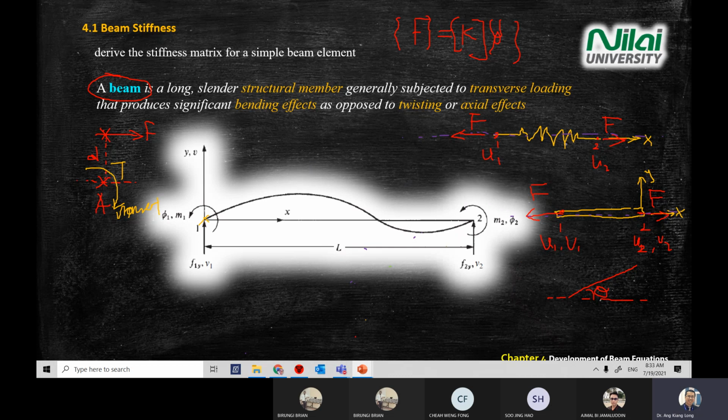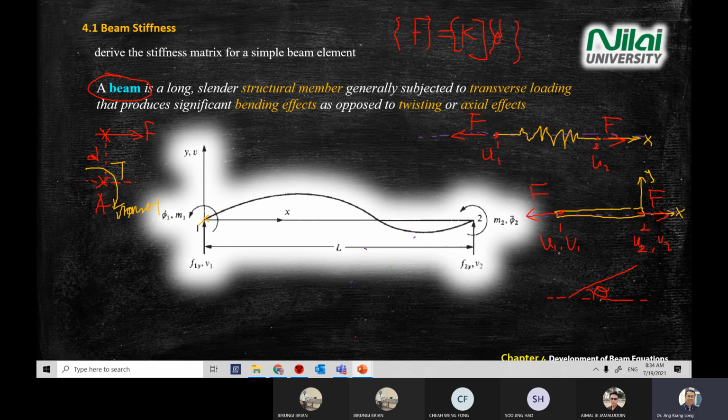As you can see from what I drew here, for the spring, the force will go along the body axis, or we call it the axial axis. For the bar also, the force will go along the body.